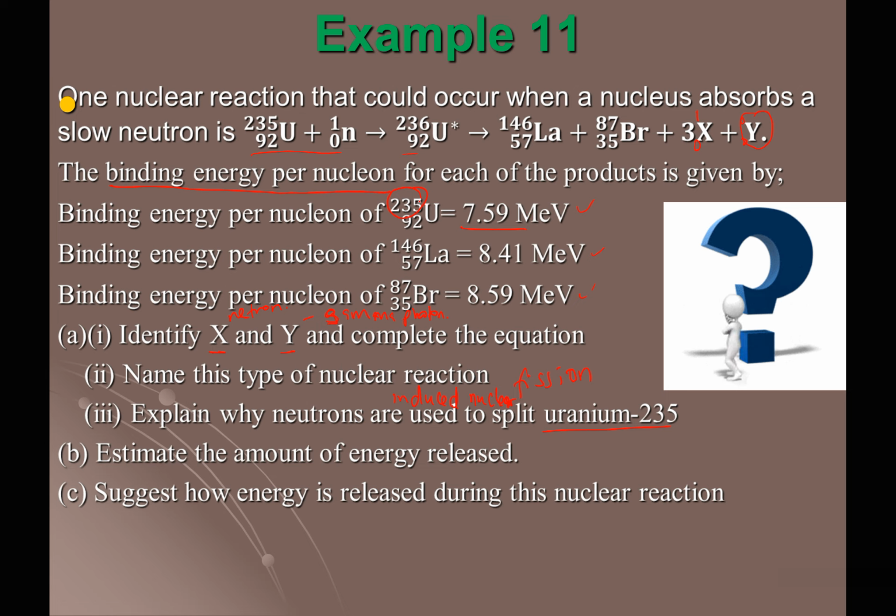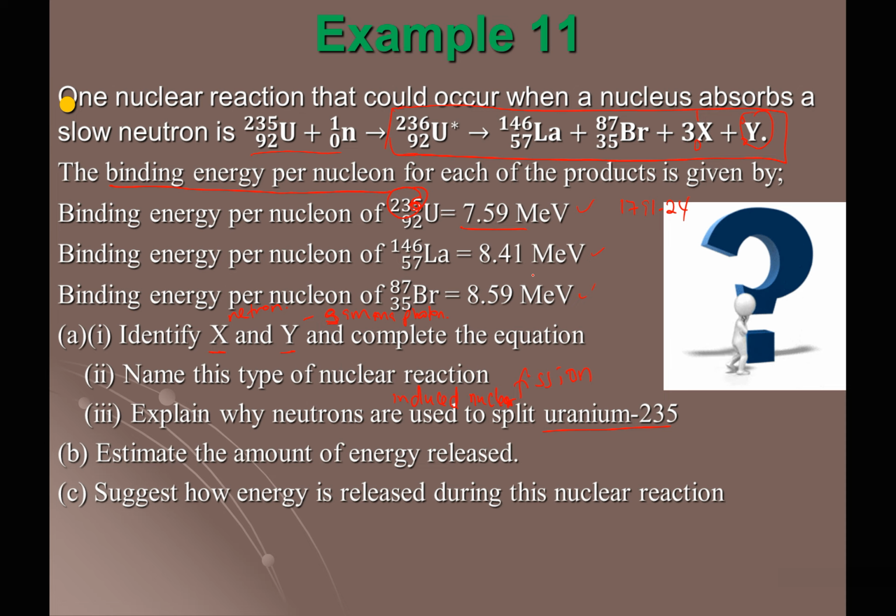This is supposed to be 6, not 5, because we are considering the equation from this point here. So I'll say 7.59 times 236. So this is 1791.24.